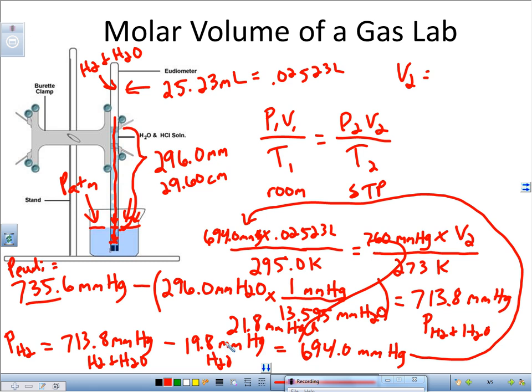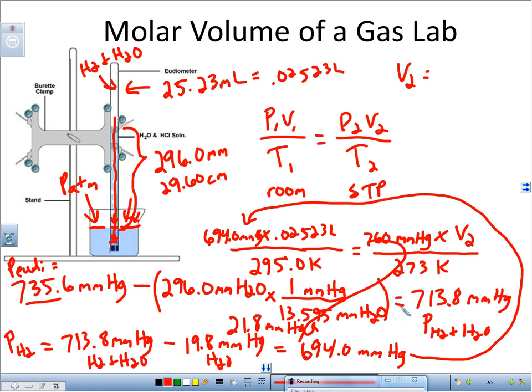Little awkward silence, but at 21.5 for second block, yours will be 19.2 millimeters of mercury, according to your green sheet, instead of 19.8. So not too big of a difference, but definitely take a look at that and subtract 19.2 instead if you're in second block. So now you'll have a pressure of what you and your partner have.